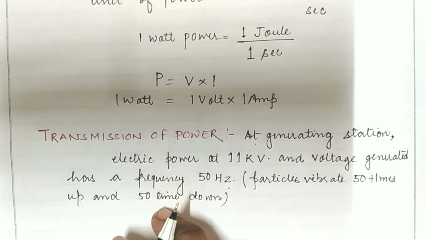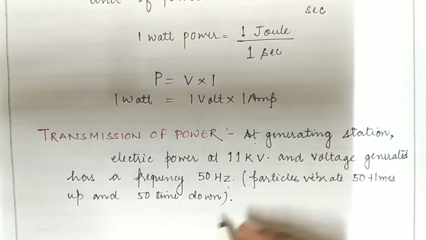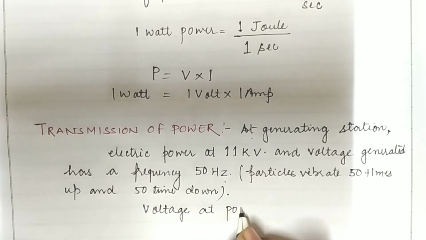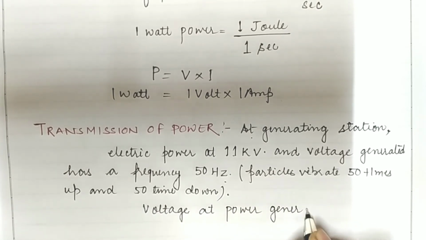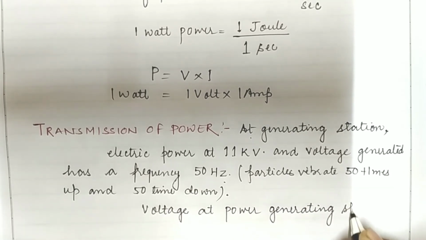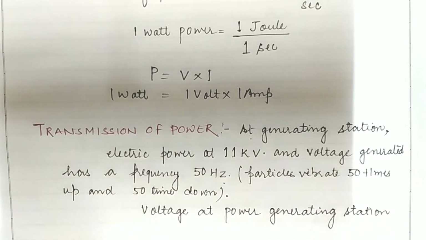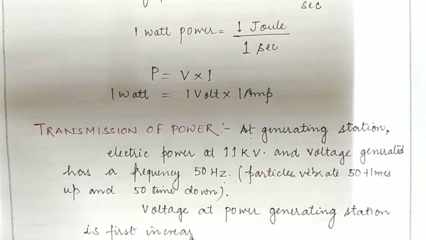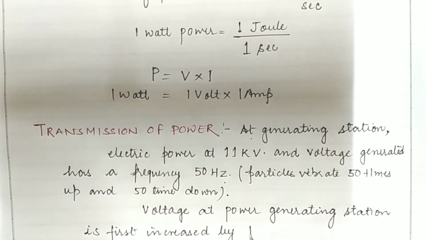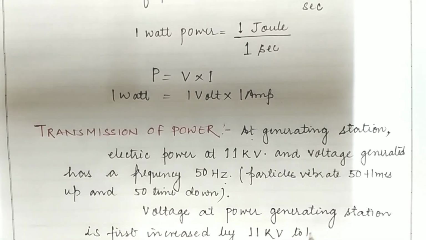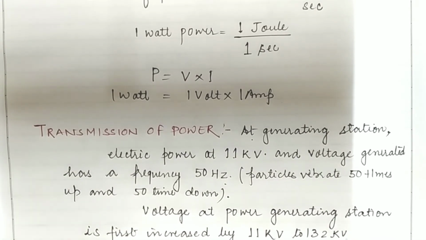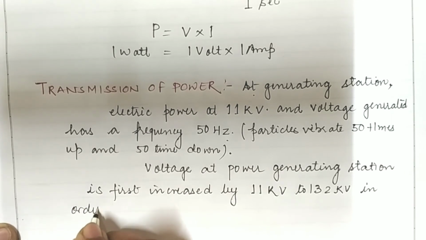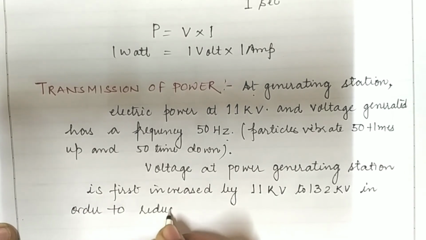Now the voltage at the power generating station is first increased from 11 kilovolt to 132 kilovolt, children, in order to reduce energy loss.